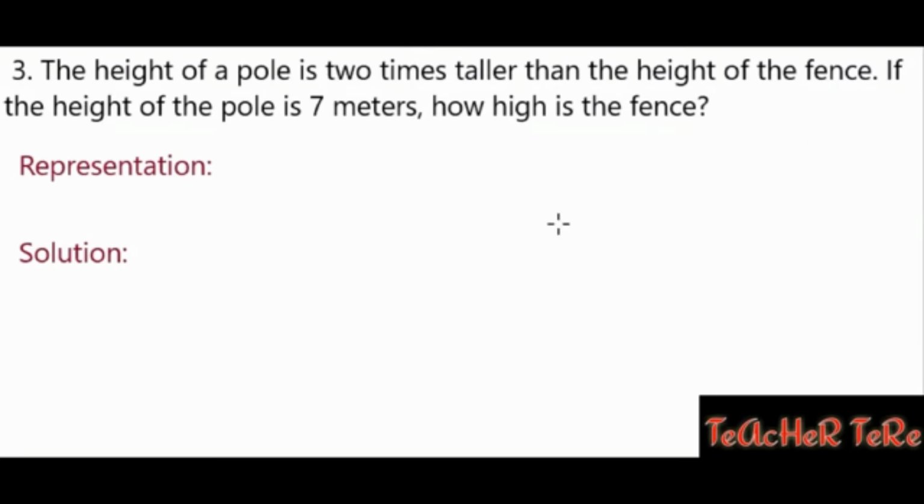So that means if we're going to represent it, if we could solve for the value of the fence, then we just have to multiply it by 2 to get the height of the pole. So first thing that you have to do is represent the height of the fence. So the height of the fence will be x.